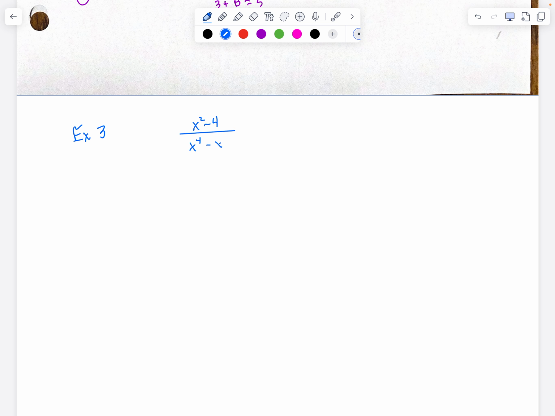So this just takes a little perseverance, trying to be careful as we go through, trying to not make errors.